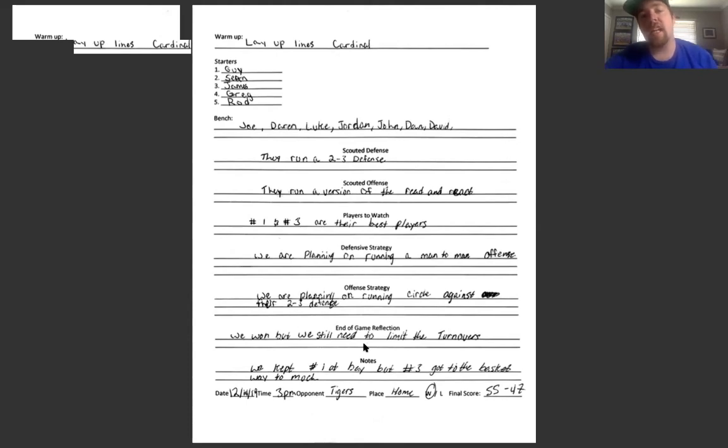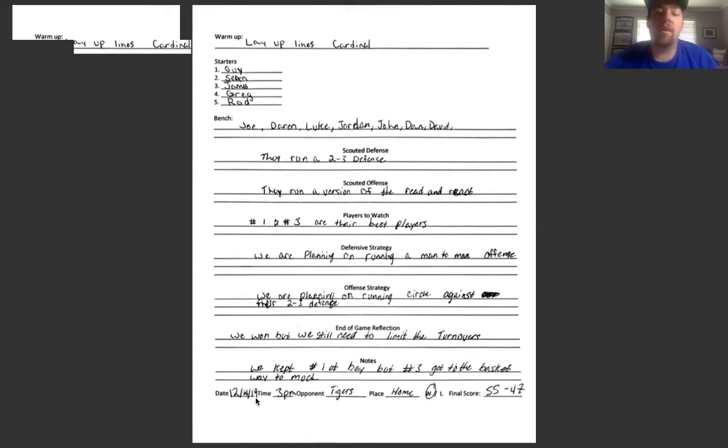And then at the end of the game, you're going to write, you know, we won, but we still had a lot of turnovers. That's basically what I did in this, and you can write whatever you want, kind of a reflection. And then maybe you add some notes, say, okay, we kept number one out, like at bay, but number 3 was able to get to the basket way too much.